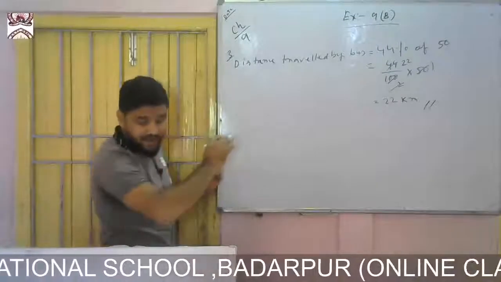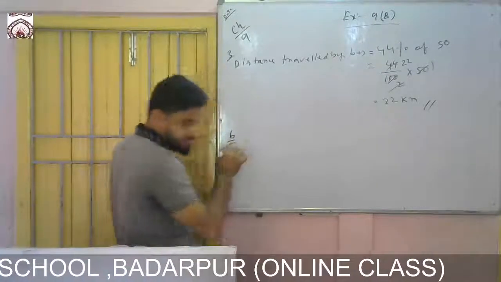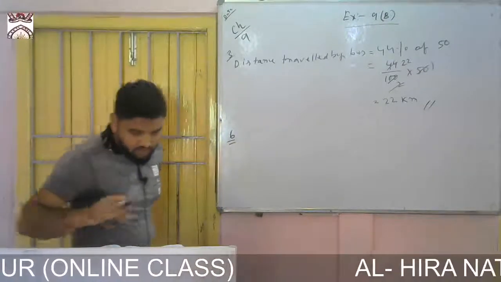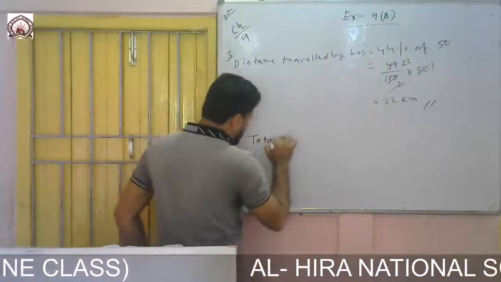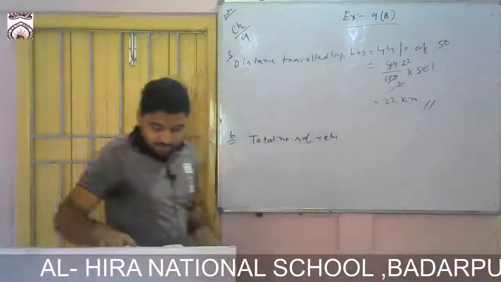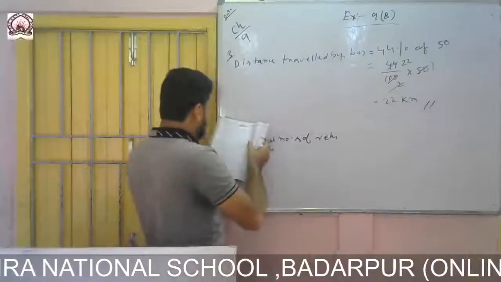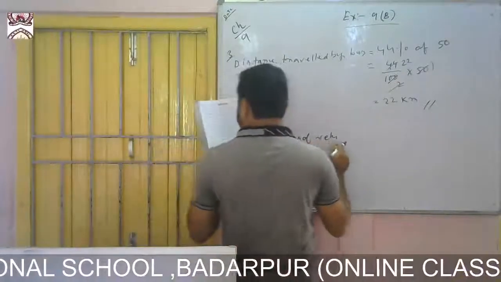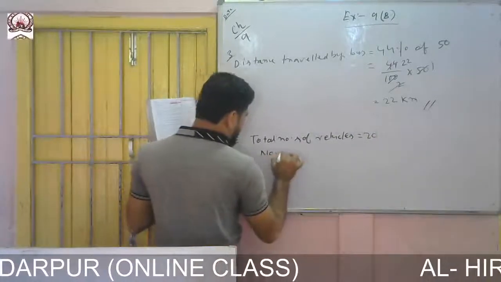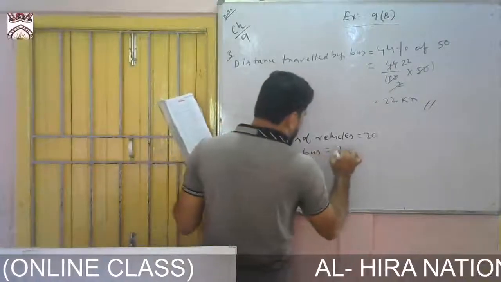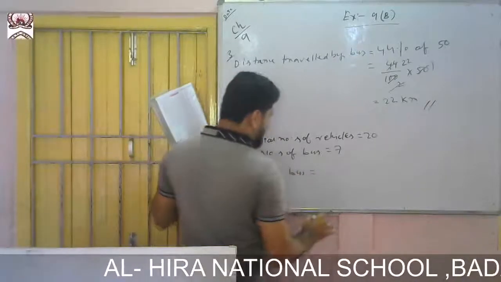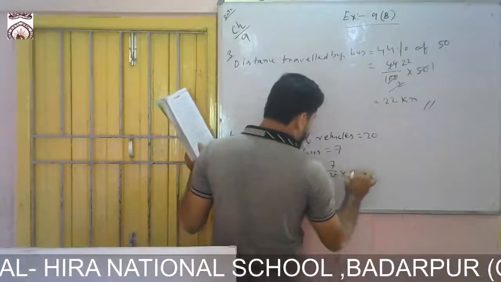The total number of vehicles given is 20, and the number of buses is 7. Therefore the percentage of bus will be 7 by 20 into 100%.